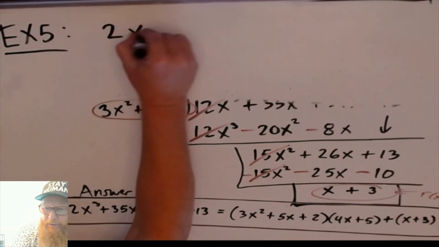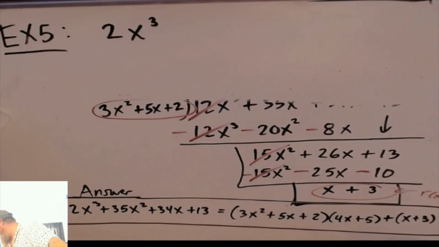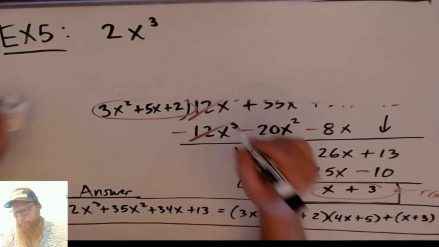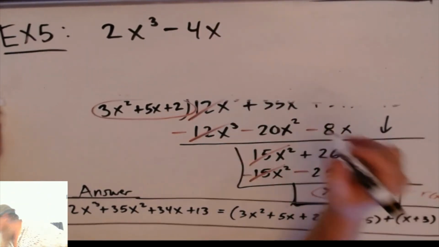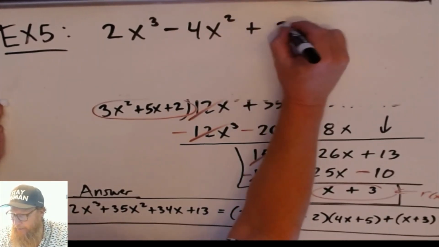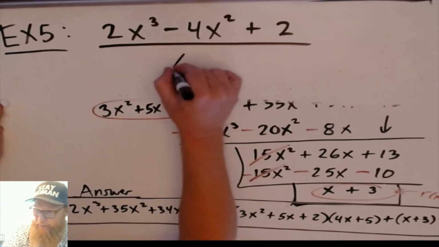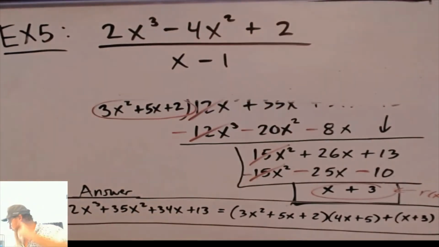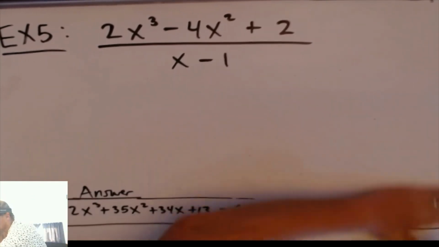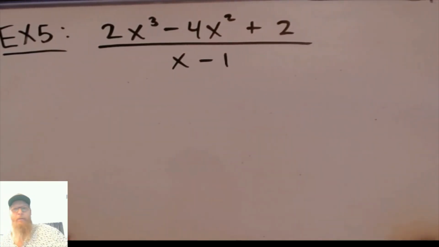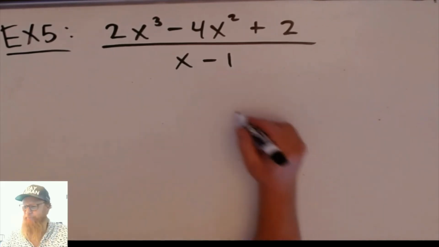How about 2x cubed minus 4x squared plus 2 divided by x minus 1. Okay, here we go.